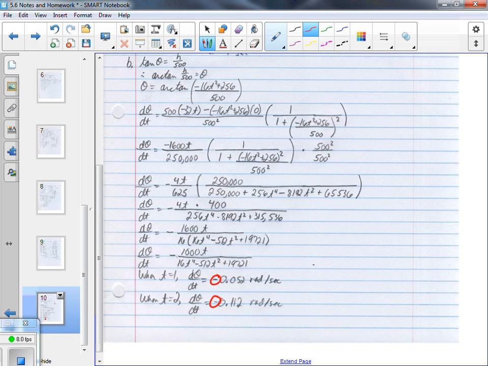We always measure angles in radians in this class, and then it's per second, because second was the time they gave us. So, good problem. Very AP-like. Kind of an easy one for the AP test, to be honest, but very AP-like. Because then they're going to ask you 2 or 3 other things about it, too.